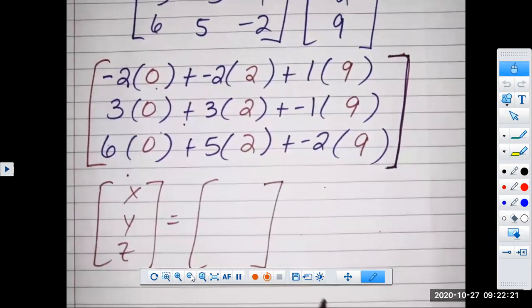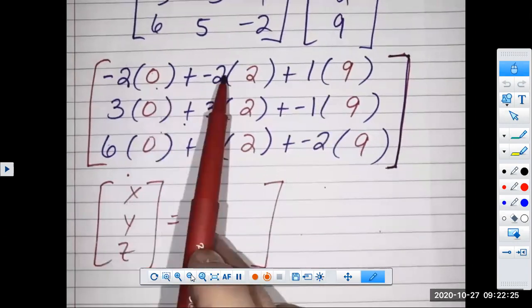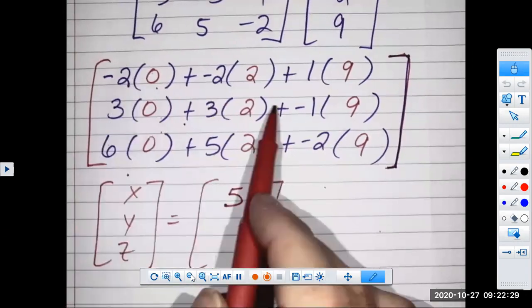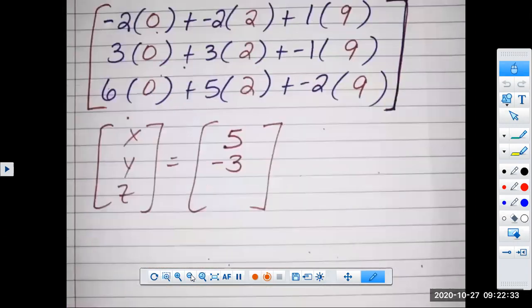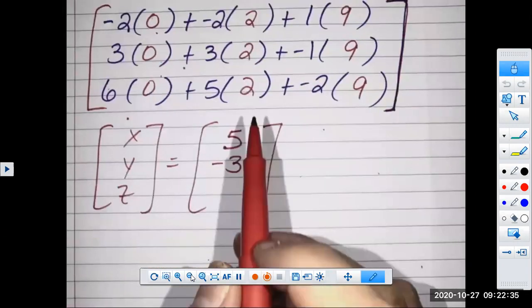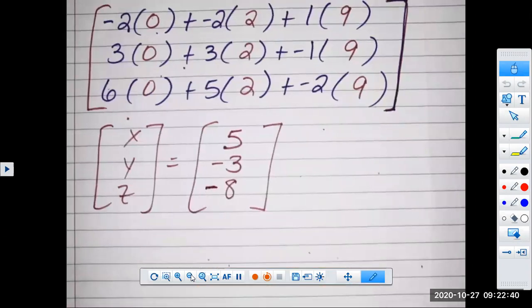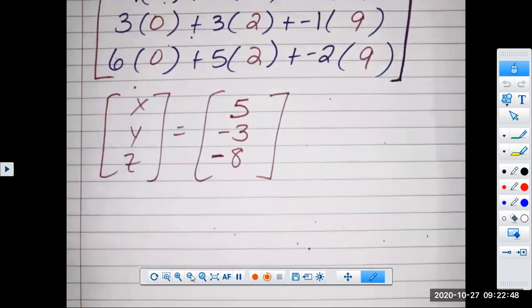And of course, just go through and multiply and then add. You get positive 5 from that first row, negative 3 from the second, and negative 8 from the bottom. So what is the x? 5, good. And y is negative 3, and so on.